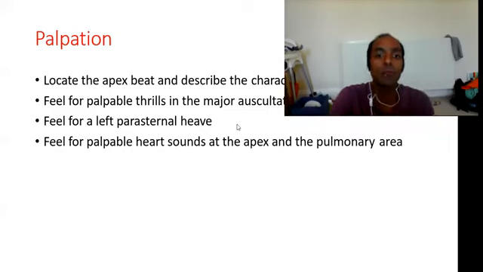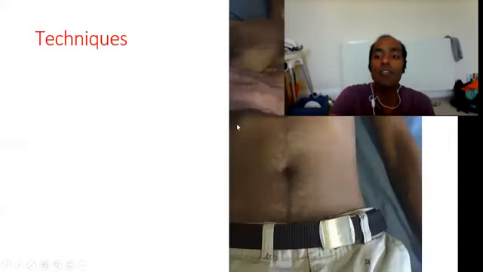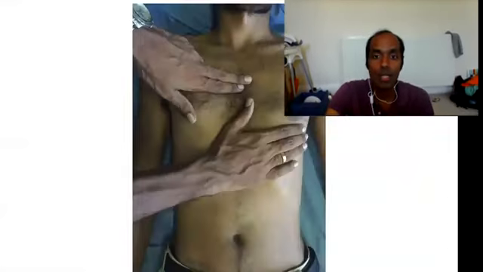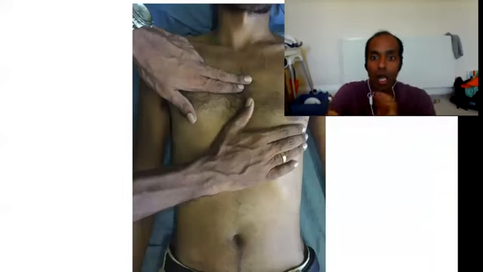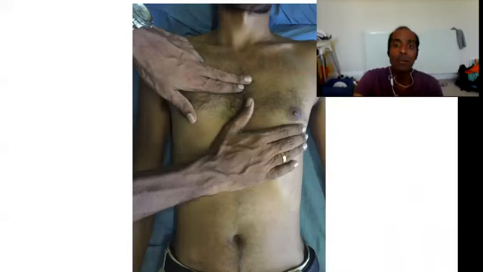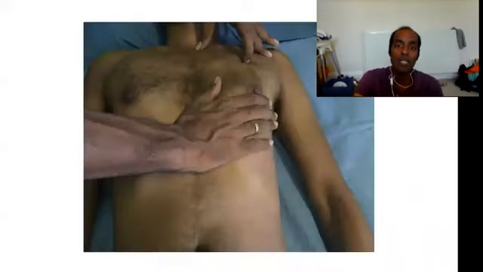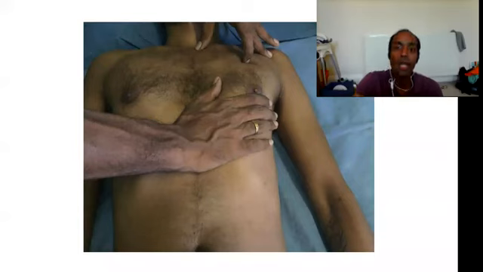Then you feel for thrills. I have shown you how to locate or count the position of the apical impulse, right? Look at these pictures there. Mid-clavicular line.